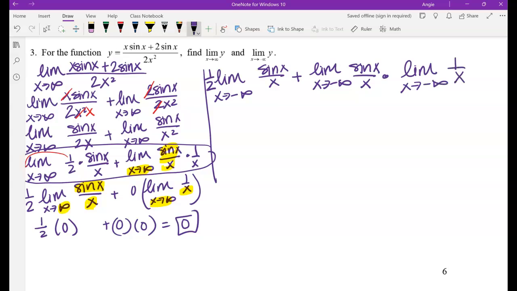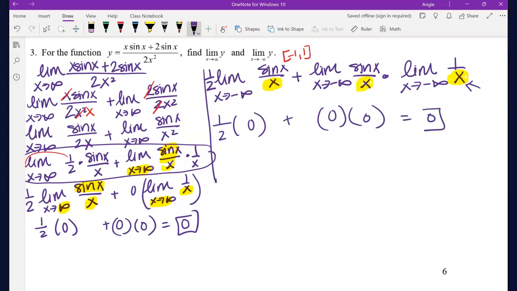Remember this is -infinity, so let's pick -1,000. If x is -1,000 in the denominator, and remember sine has the range from -1 to 1, by now we know that it doesn't matter if you pick -1 or 1, it's going to divide by some ginormous number that will be 0. Same thing with this. In this case, we only have 1 divided by -1,000,000, -100,000,000. That's going to be very close to 0. So this side, students, is still going to be 0.